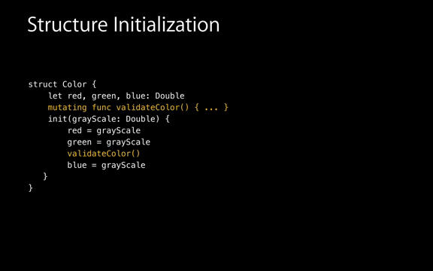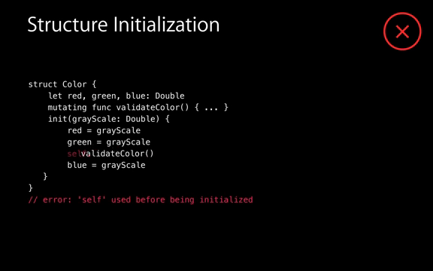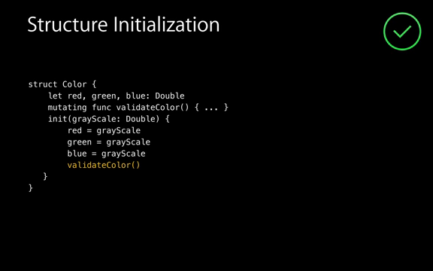If we then call this method here inside of the initializer before we set all of our properties, we'd again get a compiler error because we're trying to call the method on self, on the instance, but before self has been fully initialized. So if you need to access self to customize any property values or to call any methods in your initializer, always do so after you've set all of your stored properties to appropriate values.